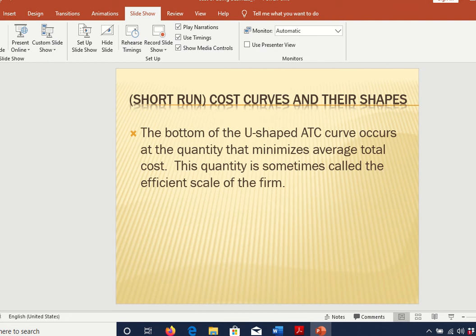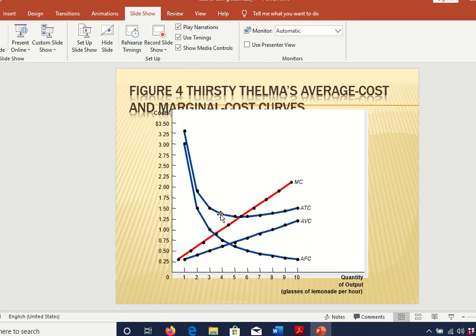Another thing worth mentioning is the bottom of the U-shaped average total cost curve occurs at the quantity that minimizes average total cost. Obviously, the bottom of the U-shape is the lowest average total cost, the minimum average total cost, somewhere here, right?